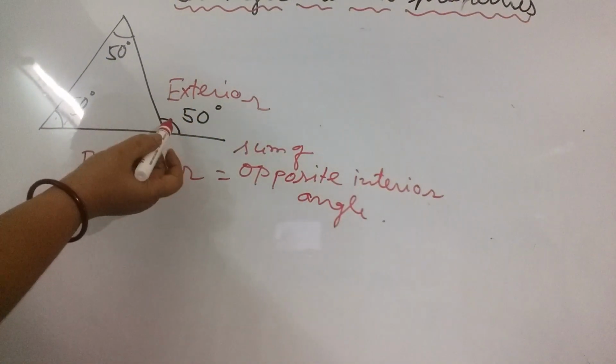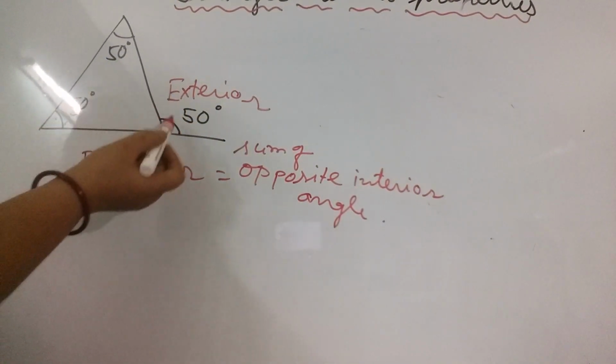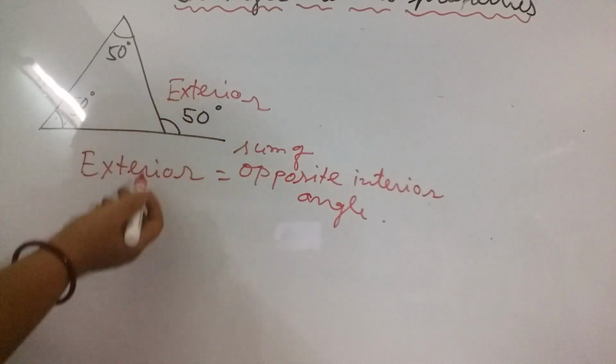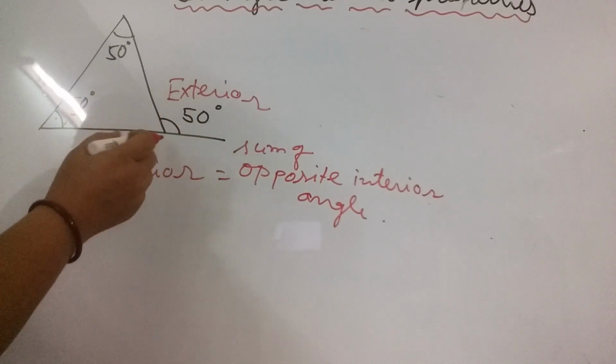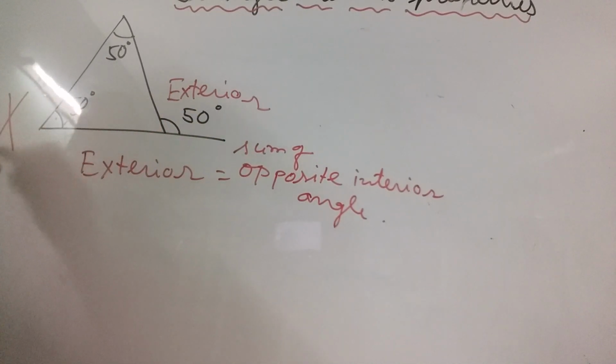But you can see here it is 50 degrees, it should be 100 degrees. This measurement should be 100 degrees. So this diagram is wrong.